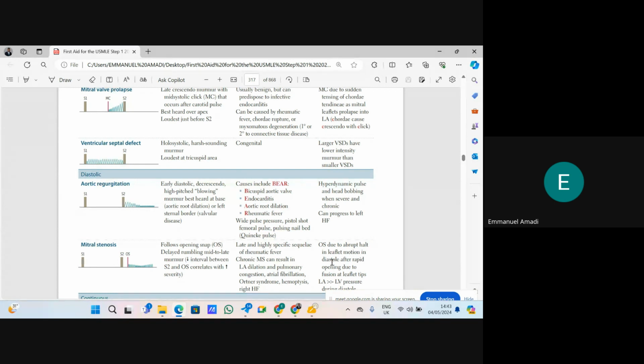Automatically, that is mitral stenosis. There are three murmurs at the cardiac apex: murmurs of mitral valve prolapse, mitral regurgitation, and mitral stenosis. Of these three murmurs, only mitral stenosis is a diastolic murmur. So that gives you your answer, and you move on.